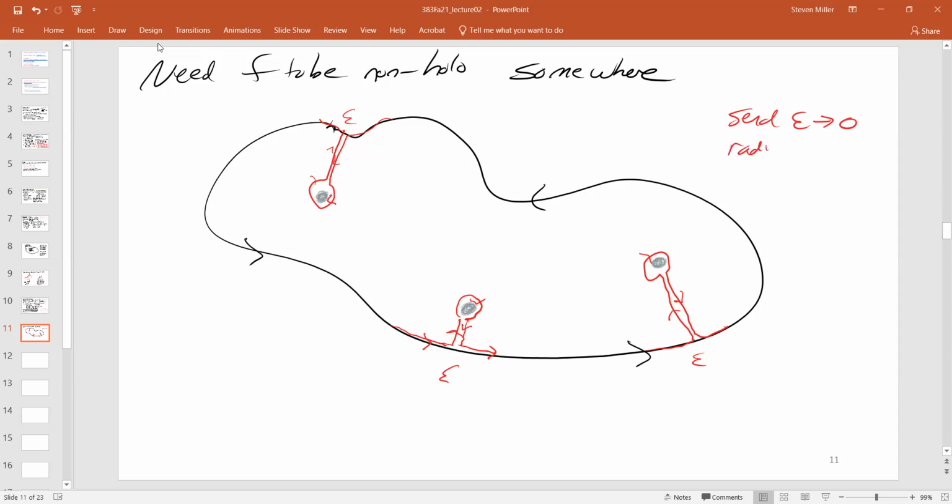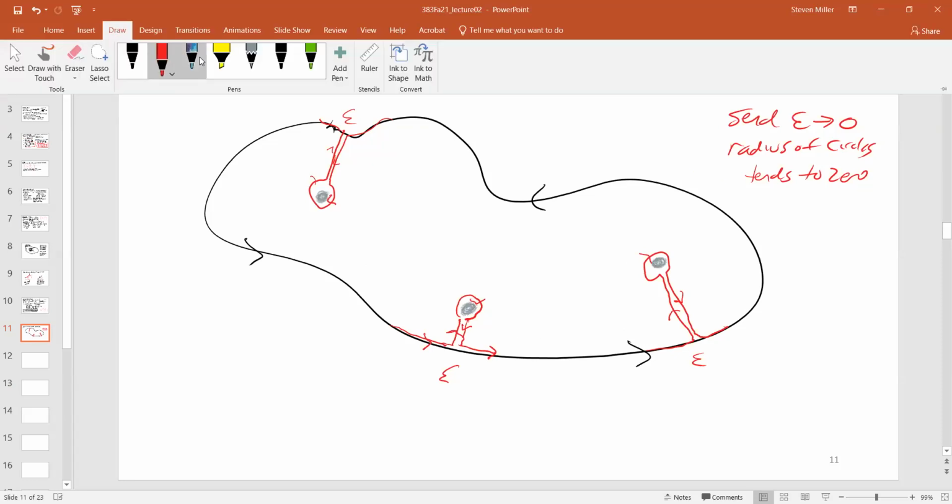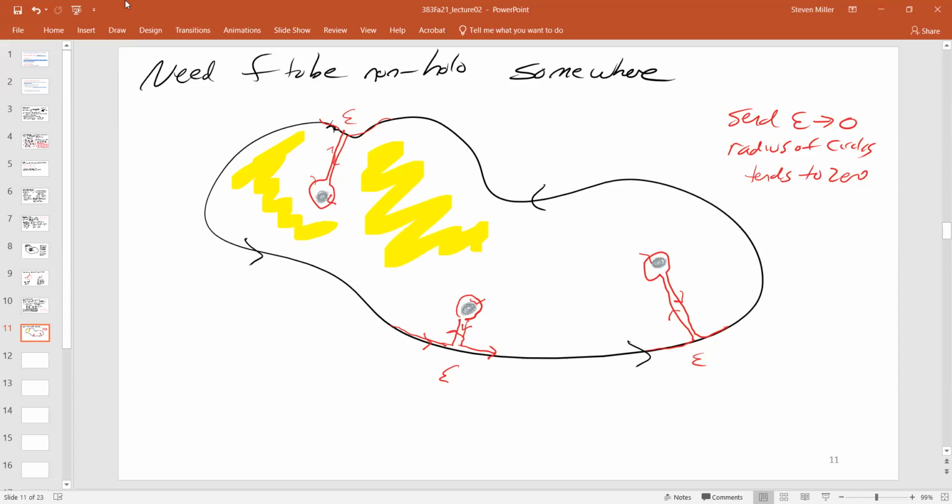And then the radius of the circles tends to 0. Okay? Now, if you look at what's going on in the region inside here, what is true inside this yellow region?